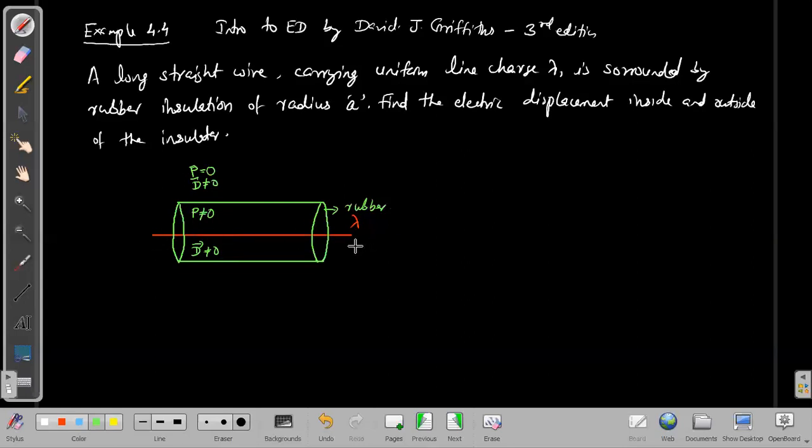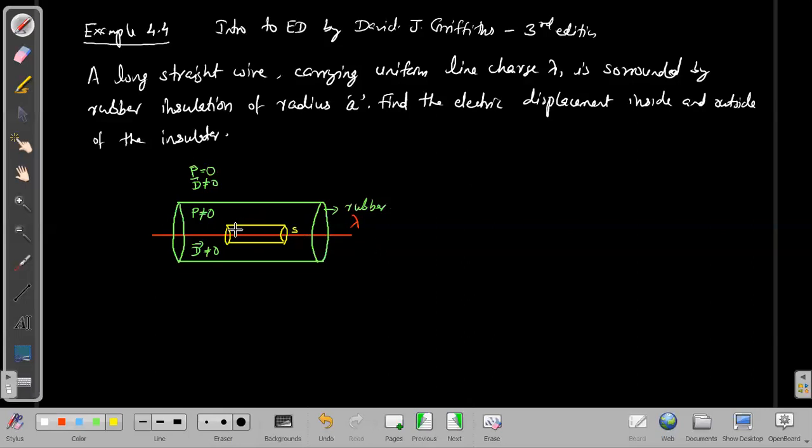Since this problem has a cylindrical symmetry, I can draw a Gaussian surface. So draw a small Gaussian surface in the shape of a cylinder. Its radius can be s.